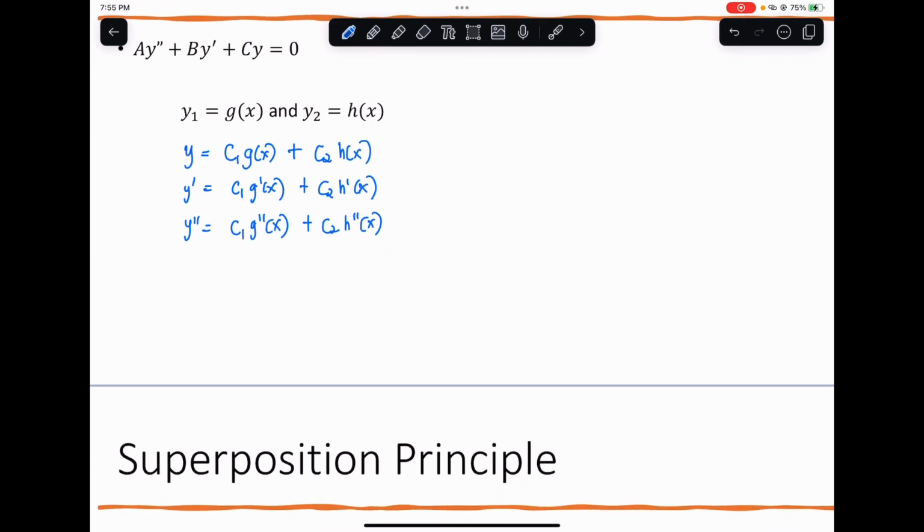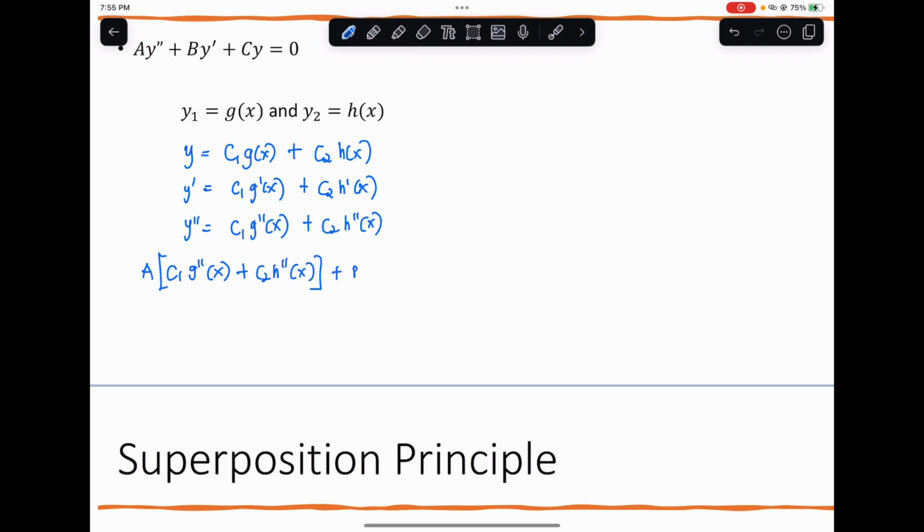And then we find the first derivative, so c1 g prime of x plus c2 h prime of x, and y double prime will be c1 g double prime of x plus c2 h double prime of x.